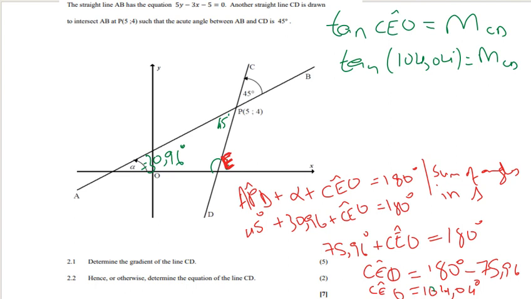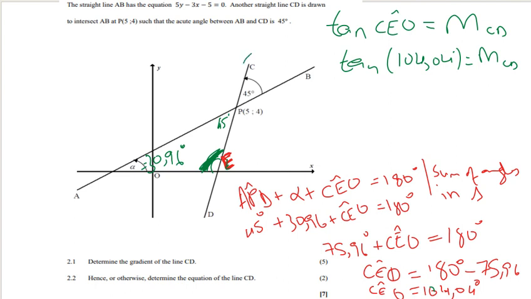Okay, I'm getting negative 3. Why am I getting negative 3? It's because I looked for this angle here, the one inside, not the one outside.